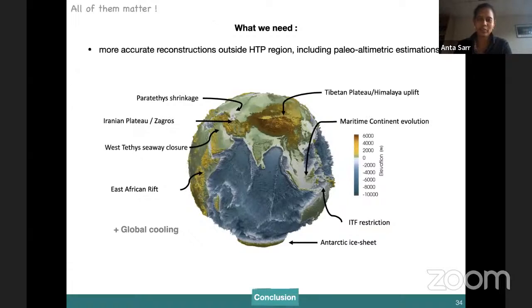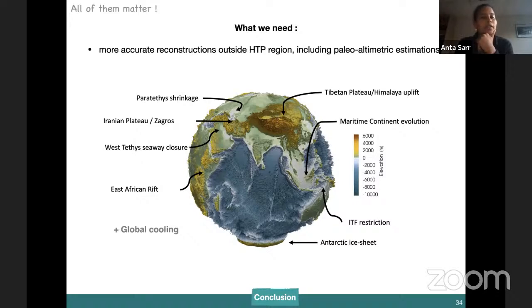So this is one of my last slides, and maybe the one I like the most. I would say that to better understand what happened in these super cool Indian Ocean basins and what happened with the Asian monsoon, we need to take into account much more what happened outside of the Himalayan-Tibetan Plateau regions.